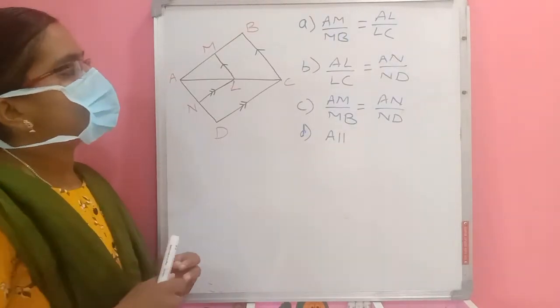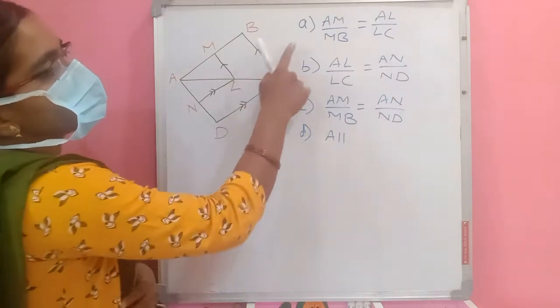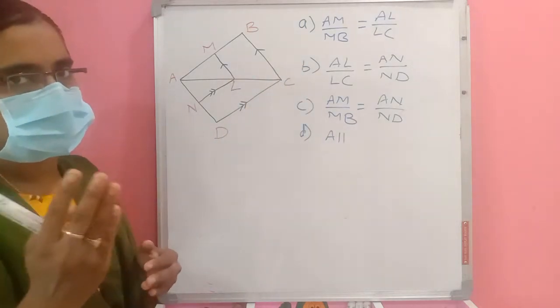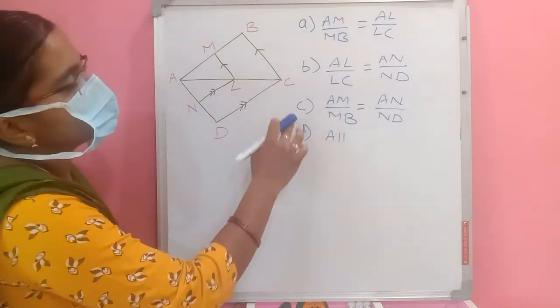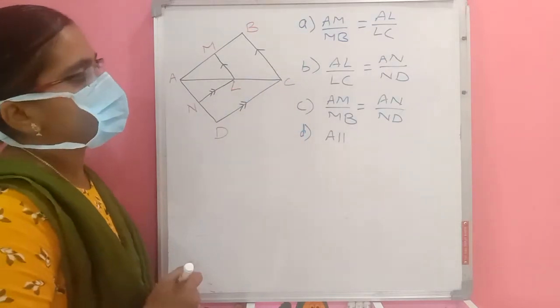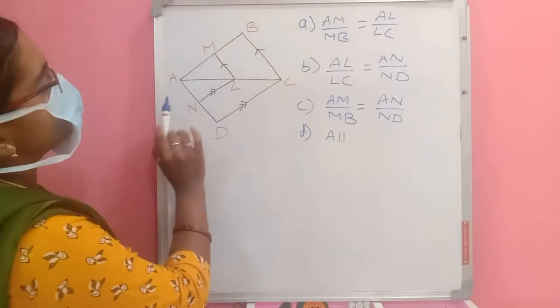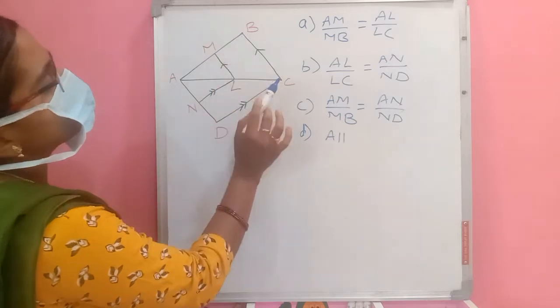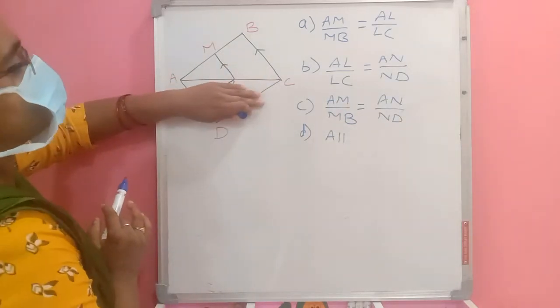If you take this diagram, they have given a multiple choice question with 4 options. From this figure, which of these options is correct? That is the question. So look here, just take triangle ABC. Just leave it for some time.